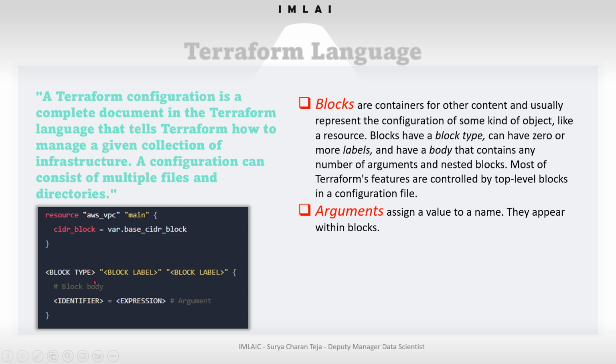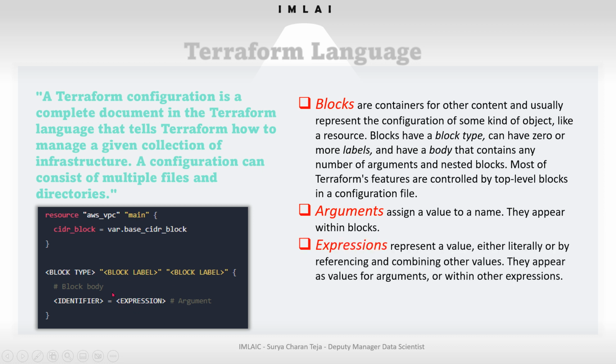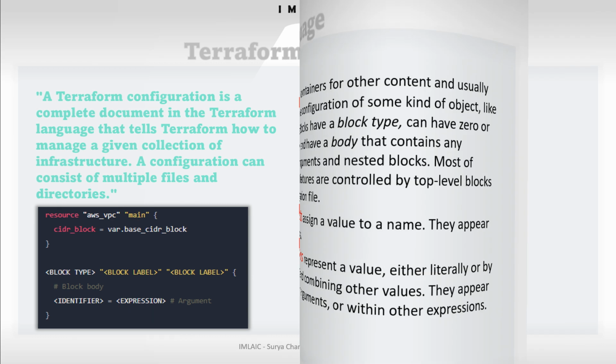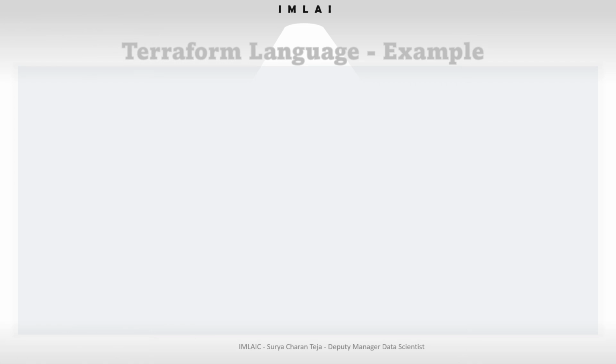Arguments appear within the blocks. And then expression: an expression represents a value, either literally or by referencing and combining other values. Expressions appear as values for arguments or within other expressions. So let's read through a complete piece of Terraform declarative language.